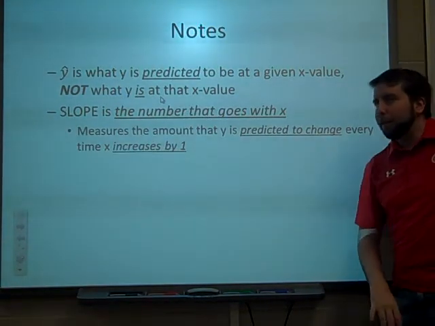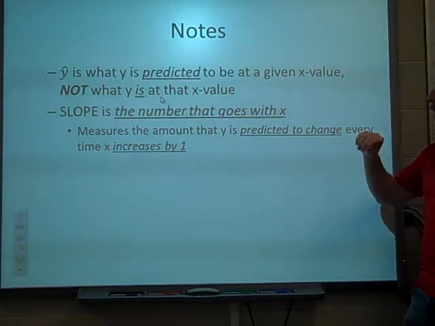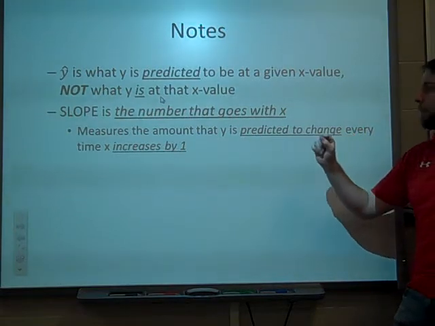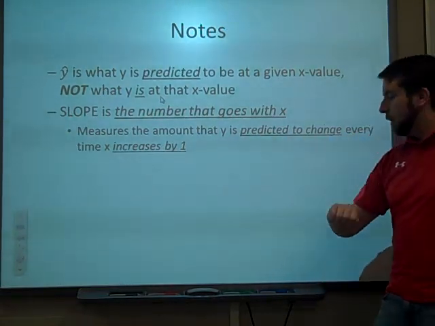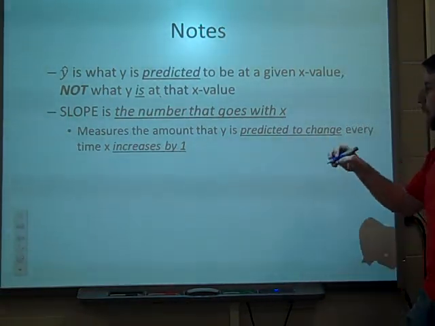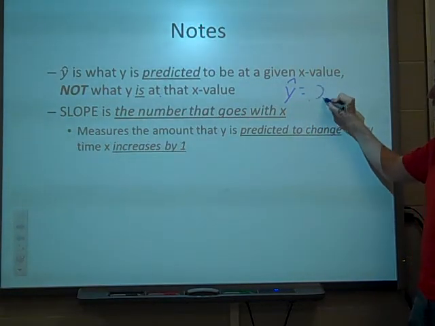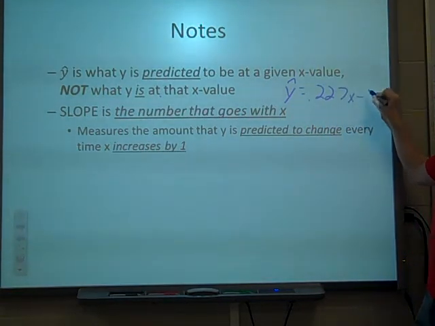So, the definition of slope. It measures the amount that y is predicted to change every time x goes up by 1. Because in our previous equation, y hat was 0.227x minus 5.125.